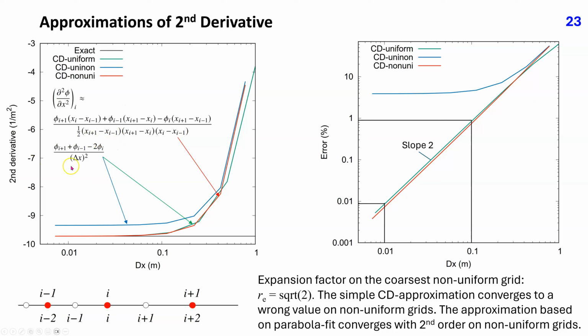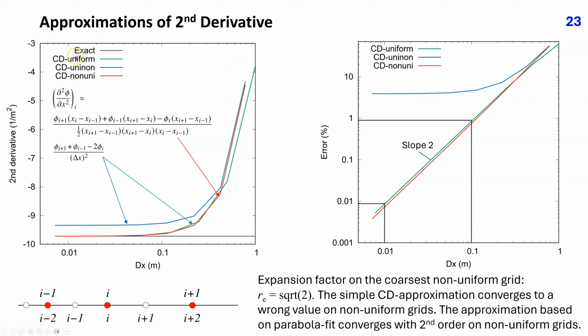This expression defines the simple central difference approximation, which assumes a uniform grid, while this expression here considers grid non-uniformity. The experiment was conducted for uniform and non-uniform grids as described in the preceding slide. This figure shows how the approximations vary with grid refinement.